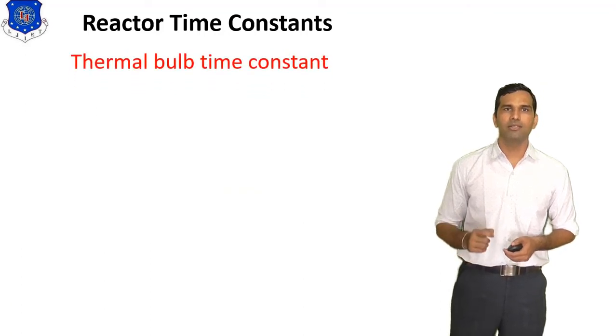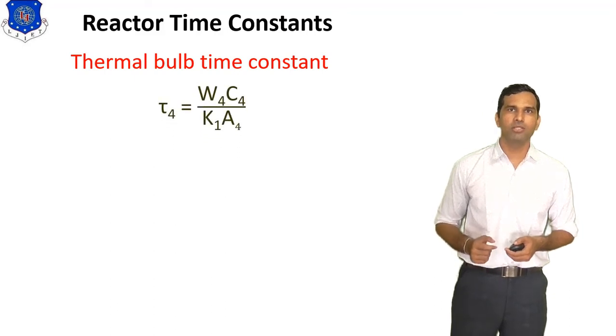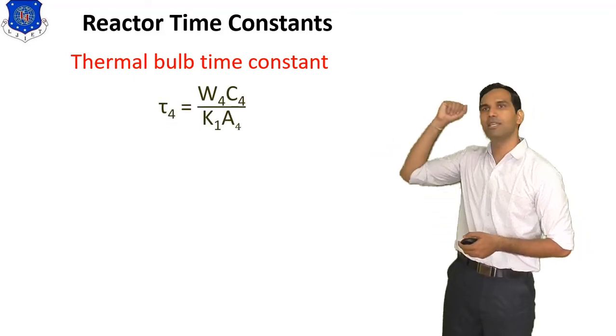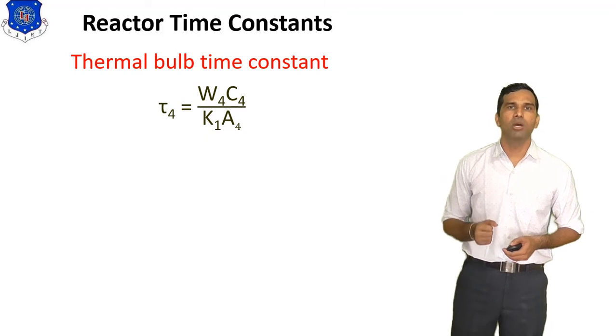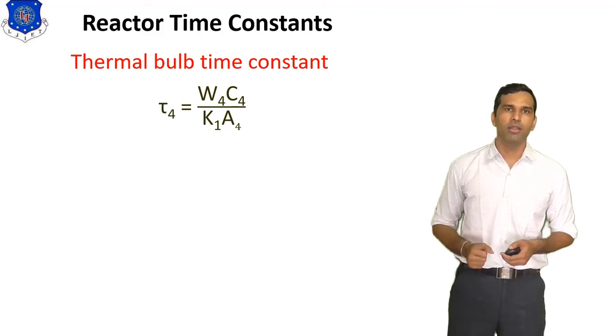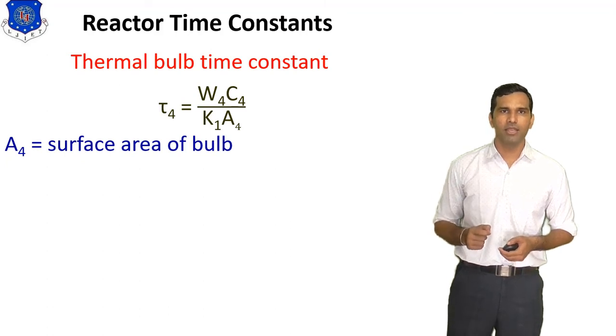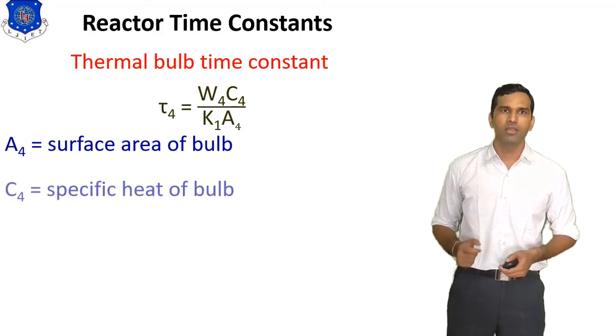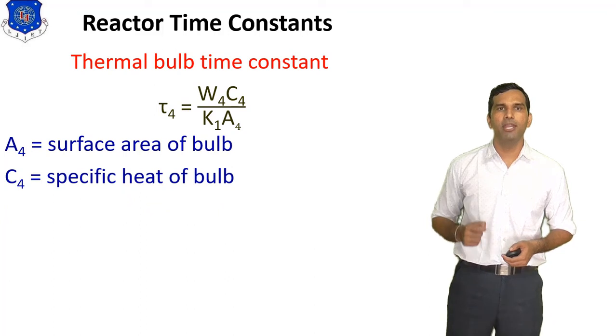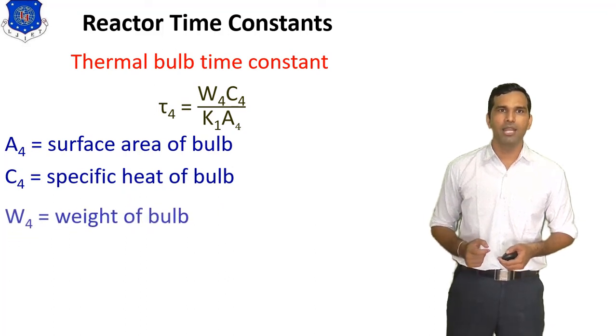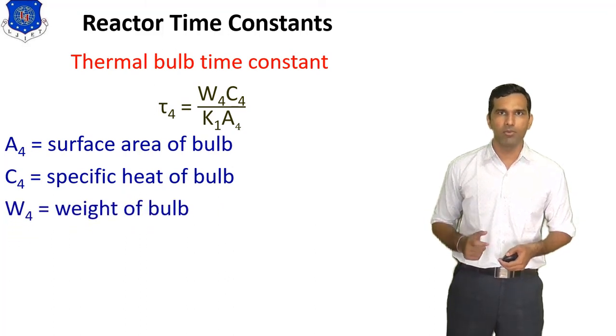And the last one is the thermal bulb time constant. The thermal bulb time constant can be calculated by using this equation: tau 4 is equal to W4 C4 upon K1 A4. Here A4 indicates the surface area of bulb, C4 indicates the specific heat of bulb, and W4 indicates the weight of bulb.